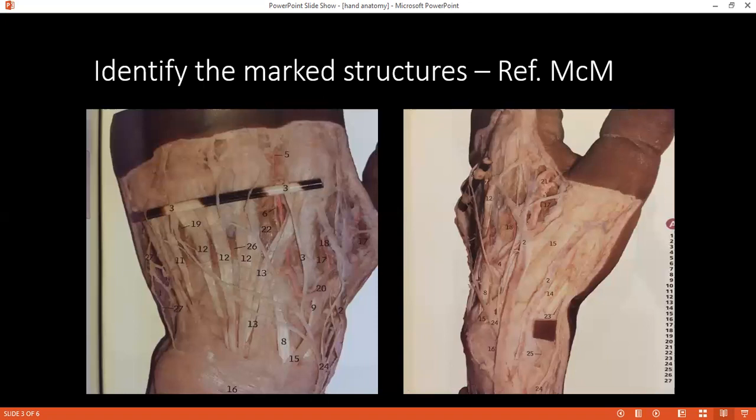Then we have extensor carpi radialis longus and brevis, another compartment. Then the extensor digiti minimi. Okay, can you please identify these structures? What is this number 12?